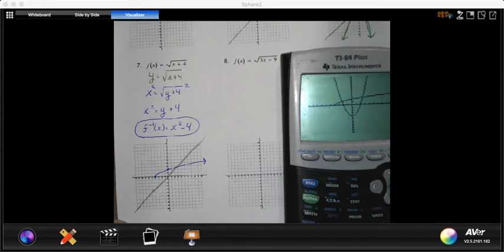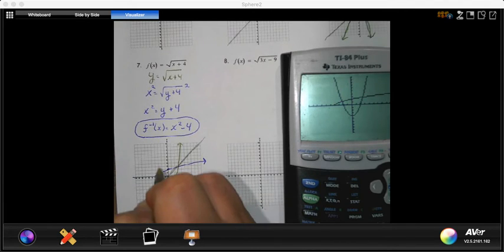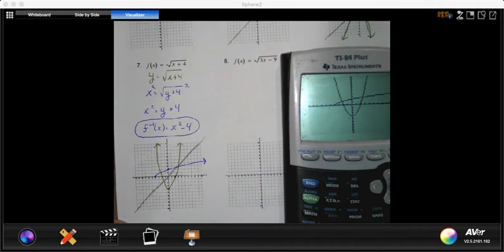I'll do that one in green. That starts at negative 4. Goes through these two guys, so it does one of these. Okay, so the right side and the blue are mirror images of each other.